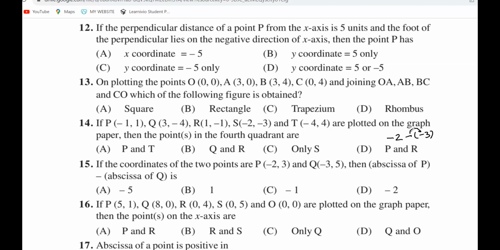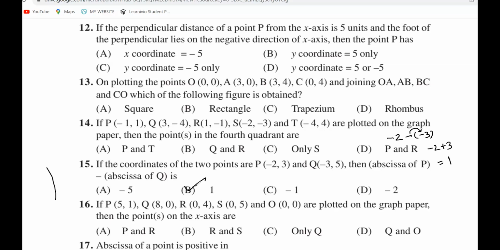This minus minus will get plus. So we'll get -2 plus 3, because 2 minuses make a plus. Then it gives you plus 1. Got it? Solve the answer. Note it down.